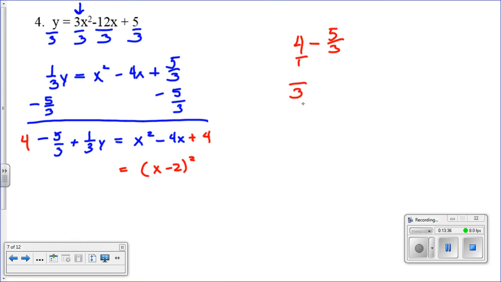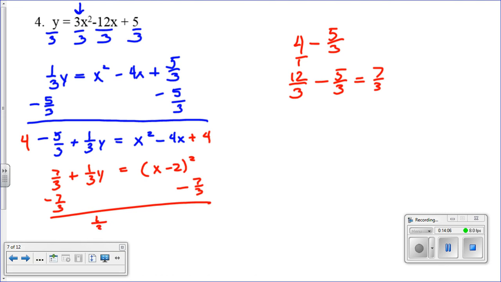So I'm going to have to multiply both top and bottom by 3. So that makes this 12/3 minus 5/3. Looks like 7/3. So I get 7/3 plus 1/3 y is equal to x minus 2 binomial squared. Now I'm going to bring the 7/3 over by minusing it.